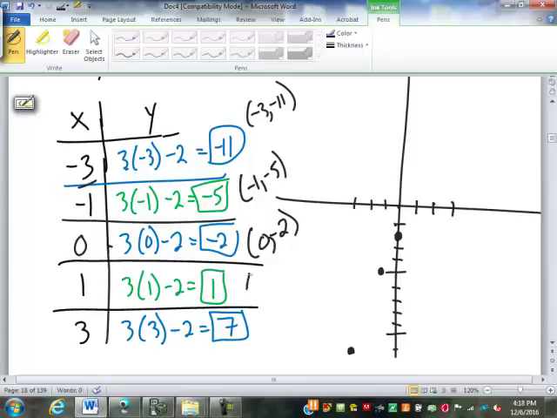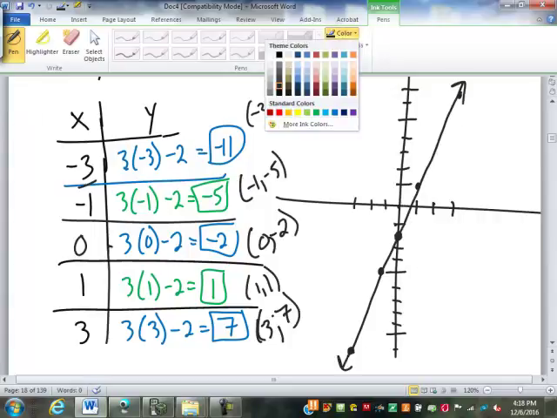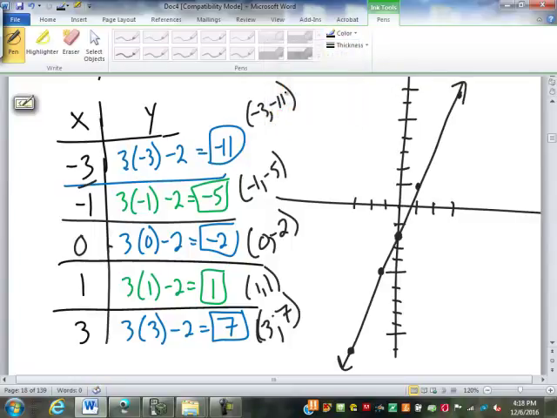This is saying if x is 1, y is 1. That one's easy to find. And this one's saying if x is 3, y is 7. 3, 7, right there. Does that all make sense? Okay.